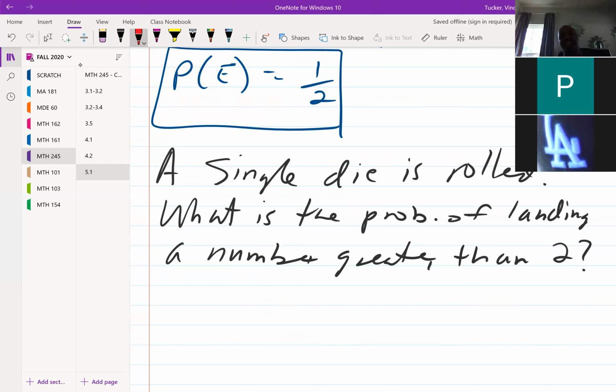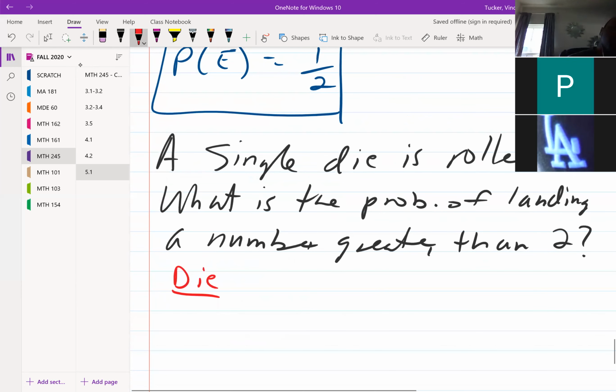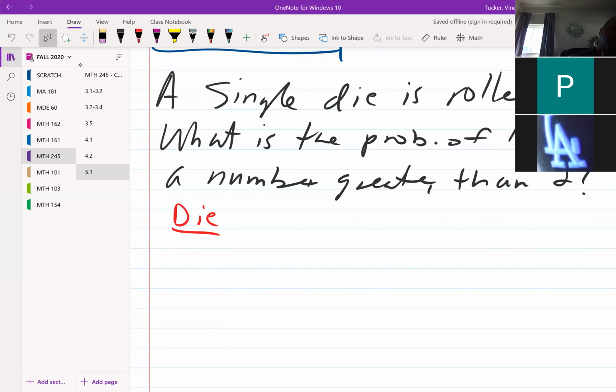All right, so let's go through the process. Let's not forget when you talk about a single die, for those of you who have played board games, you've seen dice.